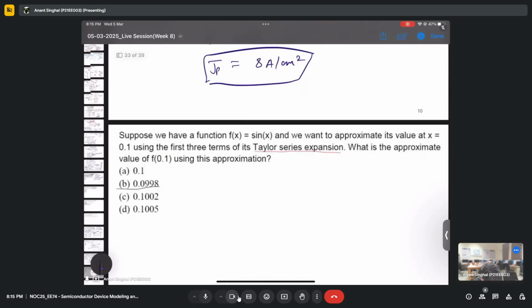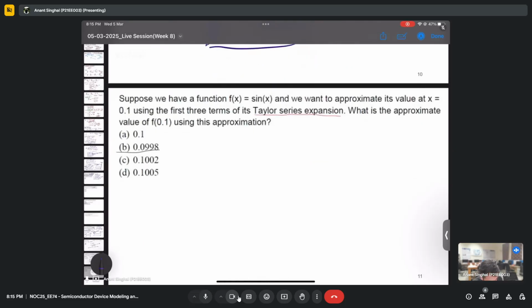Let's move ahead. Okay, suppose we have a function f(x) is sin x and we want to approximate the value at a point. Does anyone know the Taylor series approximation of sin x? There are two series, Maclaurin and Taylor.